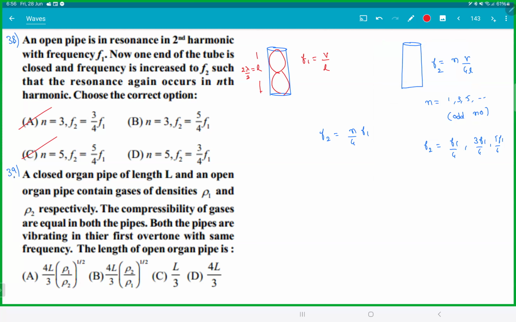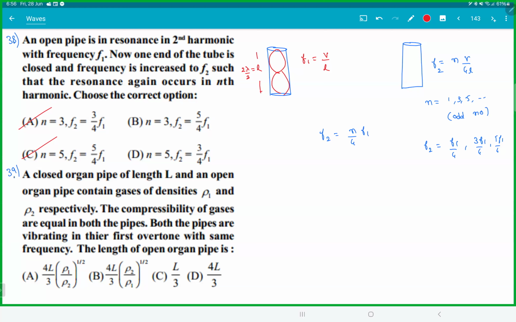Next, question 39. Give it a try, everyone. Any doubts on this? Please ask me. We are just playing with the two formulas here. A closed organ pipe, meaning open and closed, and an open organ pipe, so two different things are there.